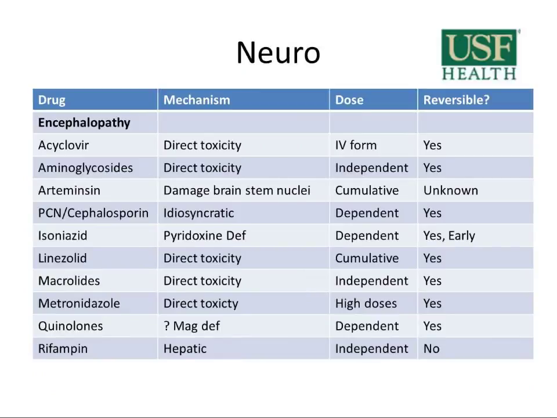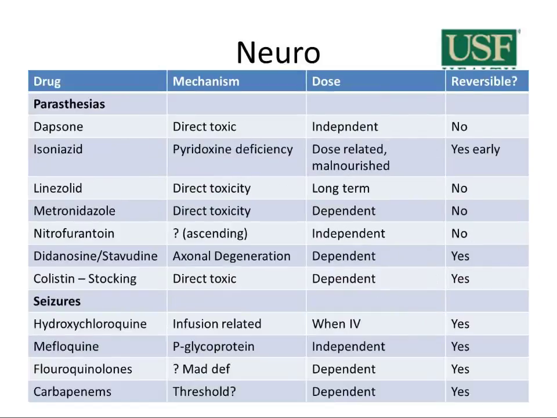So the implication here is whether you can give further doses depends on whether the reaction is reversible or irreversible. Some of these things, like most of these encephalopathies, are reversible, wearing off when the drug's out of your system.